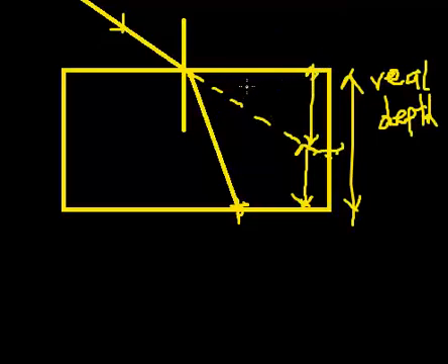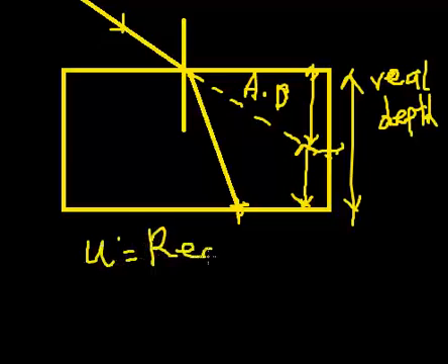Let me use AD to represent it. So another way of expressing refractive index is the real depth of a medium divided by the apparent depth.